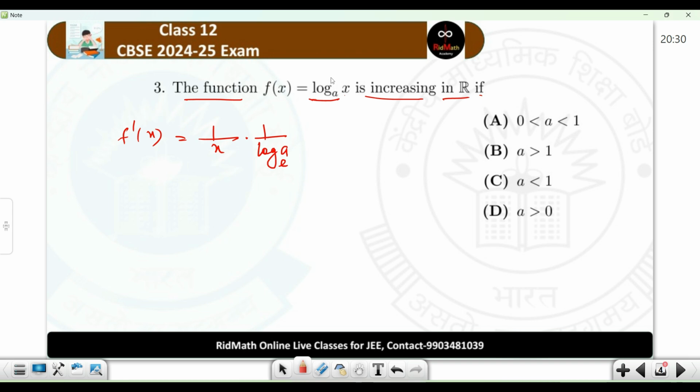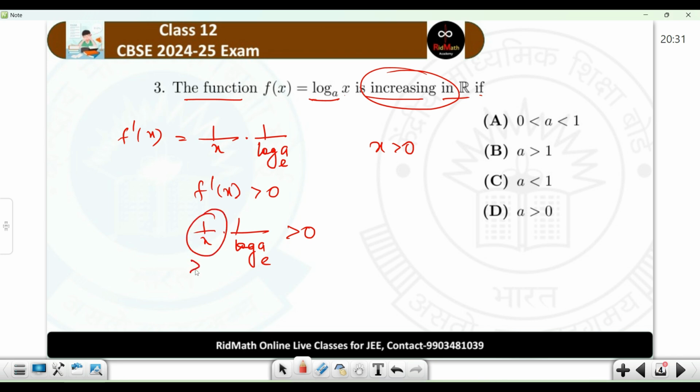This is the chain rule. Okay, so f(x) is increasing, that means f dash x should be greater than 0. That means 1 by x into 1 by log a base e should be greater than 0. And in the definition of log, x should be greater than 0. That means this is greater than 0.